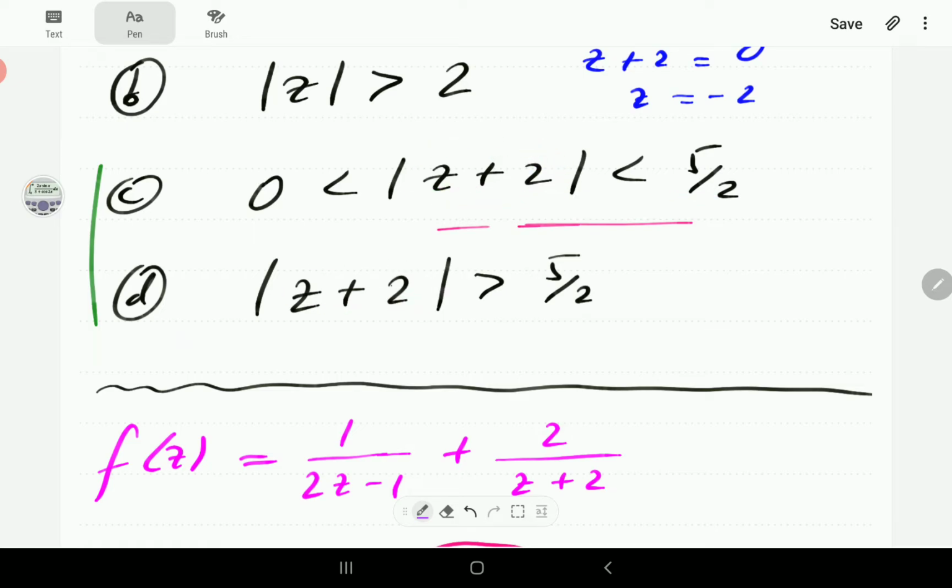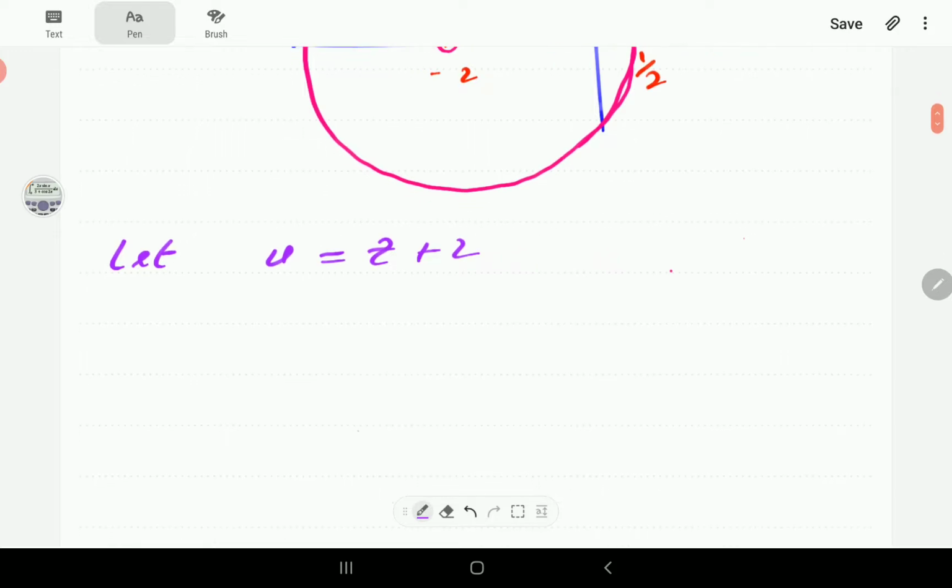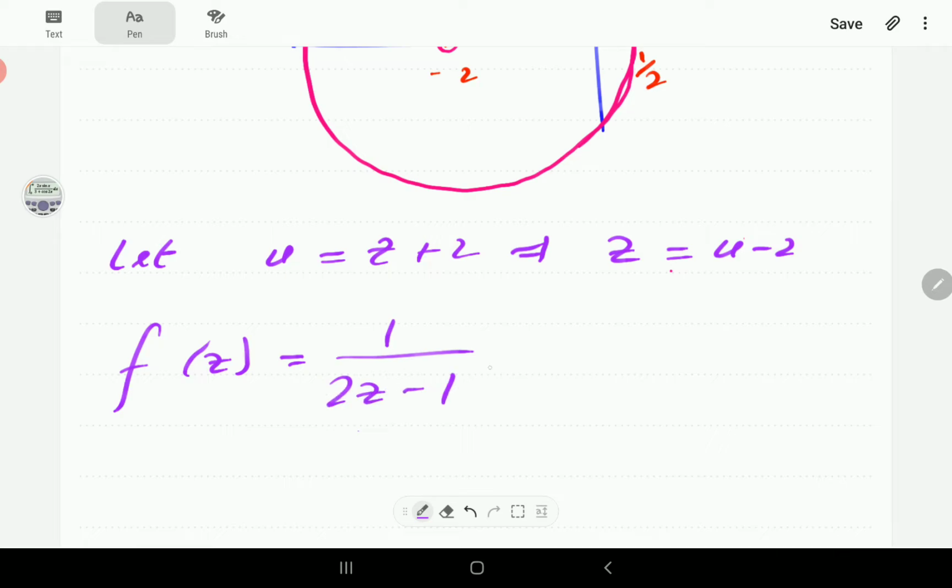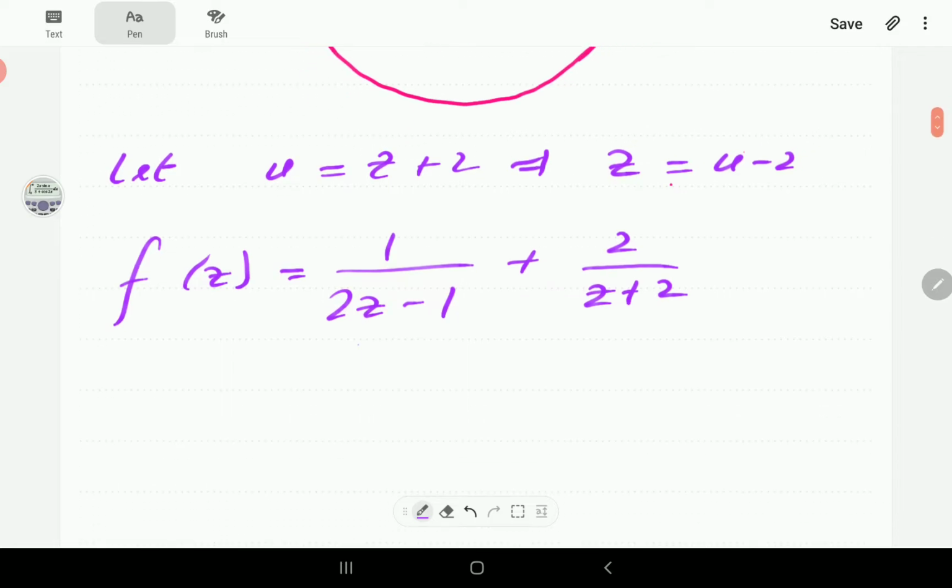Same thing here. So we're going to let u be z plus 2. This implies that z is u minus 2. Then if we express this in terms of u, it's going to look a bit like this.